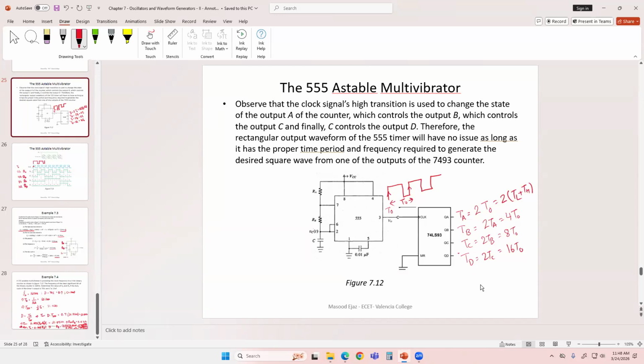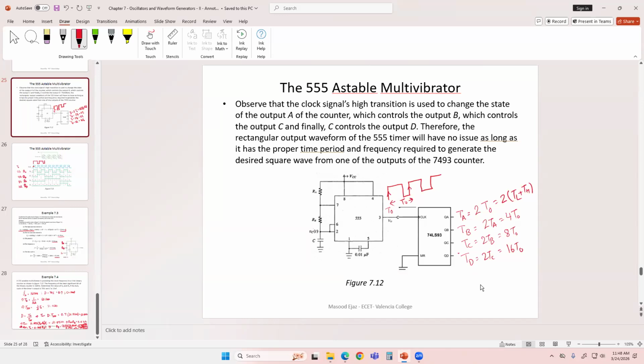That's where I have seen some struggle in the past. This problem is solved for the least significant bit for the 7493, but in the exam, let's say I give the most significant, and then a student struggles to relate that with the output. So just make sure to remember that the time period is increasing as you go from least significant to most significant. Frequency is decreasing. If the frequency is given to you, you have the highest frequency here, and then it will keep on decreasing.